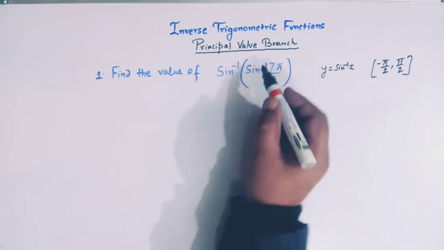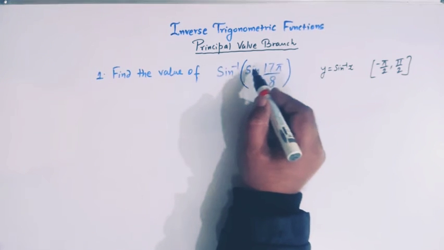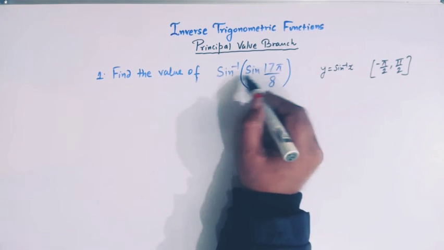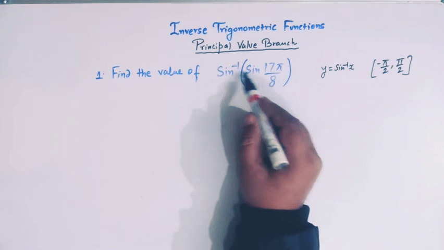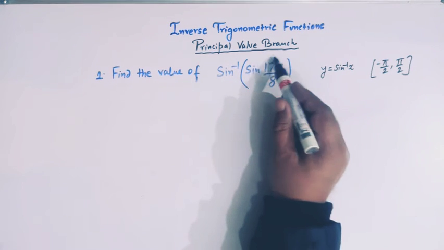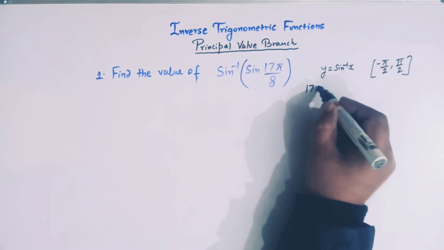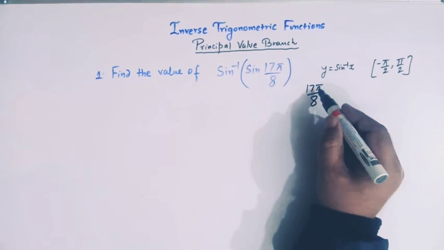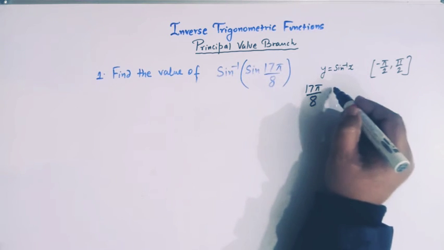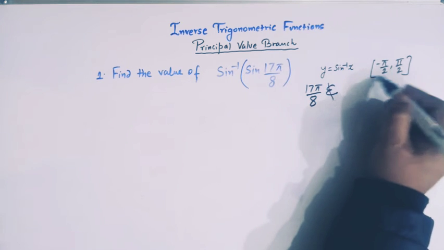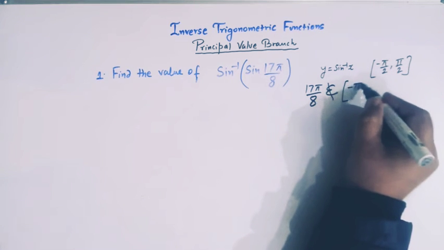Now again here we cannot directly cancel these two terms, sine inverse and sine, because in that case we are left with 17 pi by 8, and this 17 pi by 8 does not belong to this interval, right?